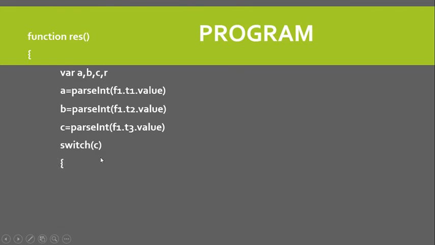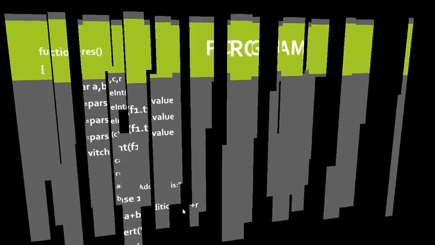So switch in bracket c. Then curly bracket start, cases. Case 1 colon, r is equal to a plus b. Alert addition is plus r, so it will print the addition value. Then break. Clear? Next, case 2, r is equal to a minus b. Alert subtraction is plus r.